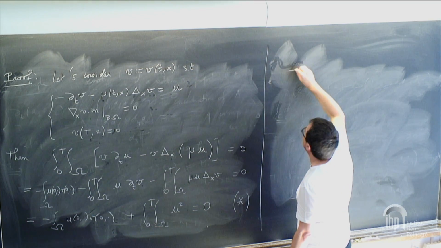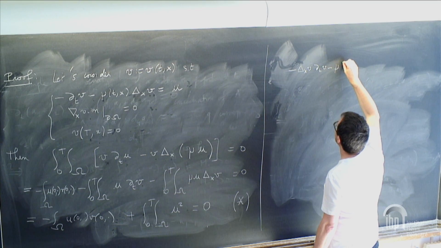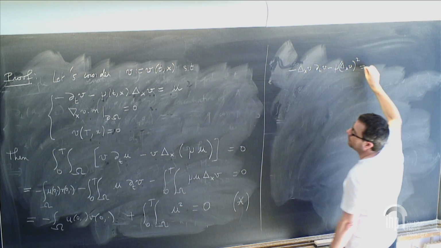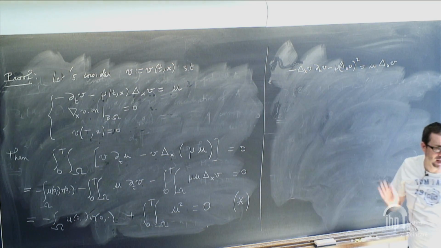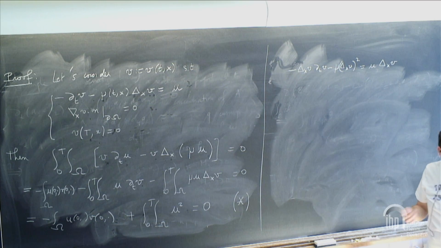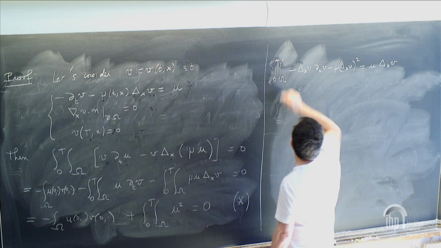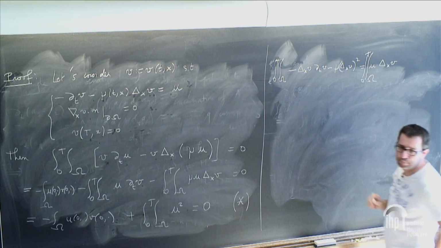We know that minus Laplacian v dtv minus mu Laplacian v to the square is equal to u Laplacian v. I've just multiplied by Laplacian v. And now I integrate this on both time and space. Okay?